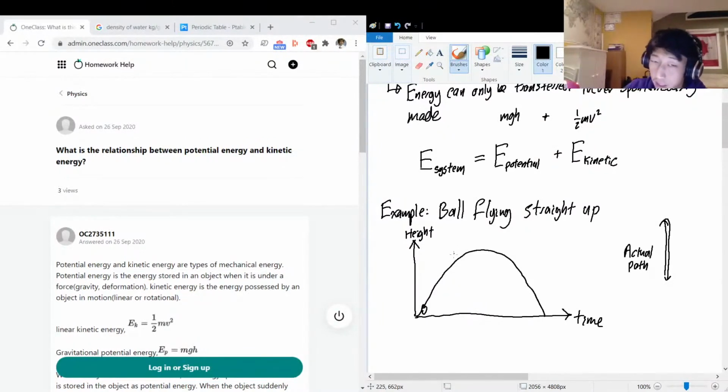But as it flies up, as it gets higher and higher, it's slowing down. It's not accelerating upwards. It's quite the opposite.